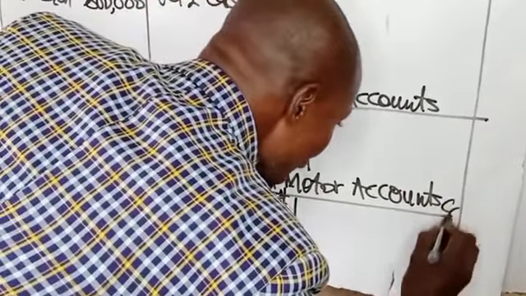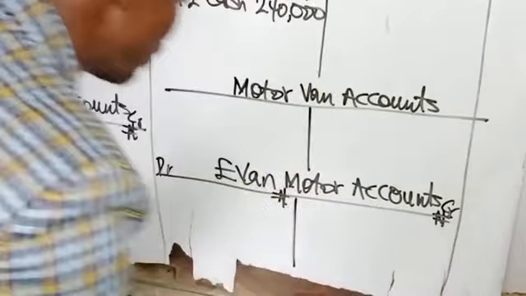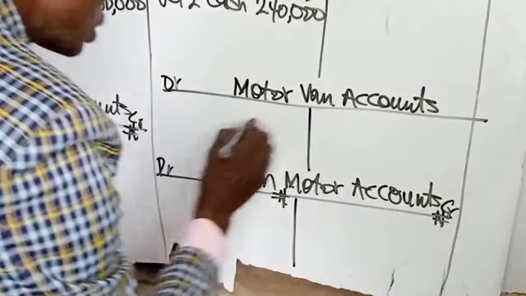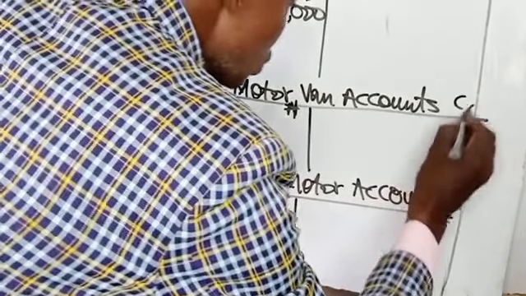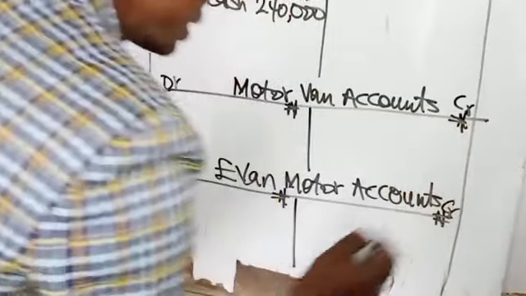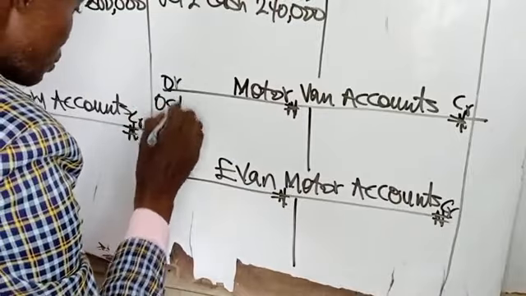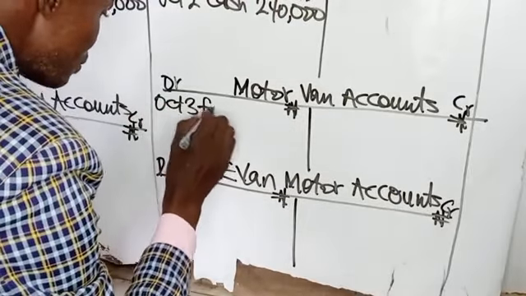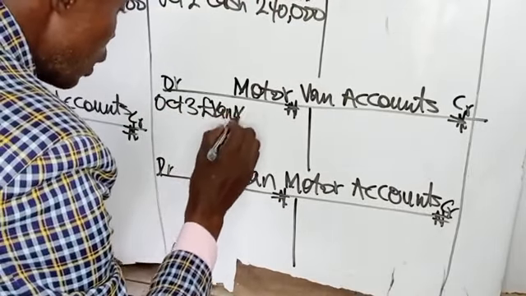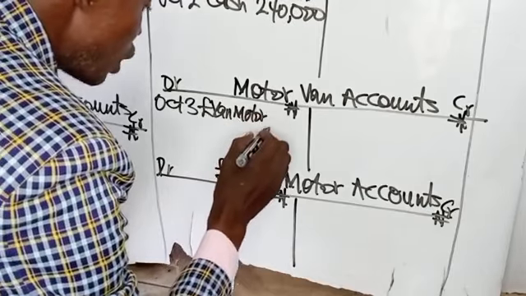Evans Motor is the seller. Evans Motor is the giver, the one that gave out the motor van, and the business receives the motor van. So you debit the motor van account and you credit Evans Motor. October 3rd, Evans Motor. The value of the motor van is 1 million.